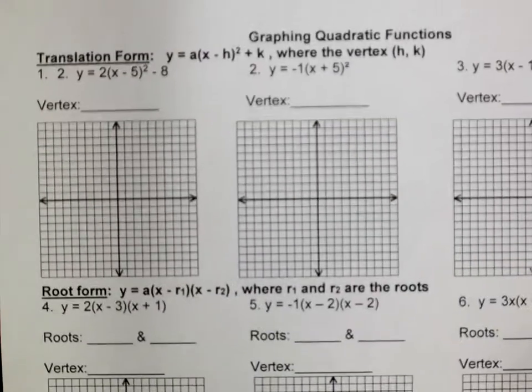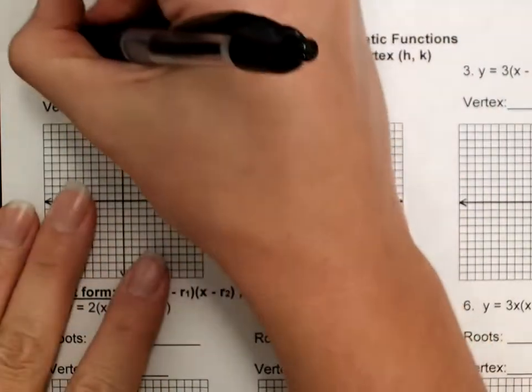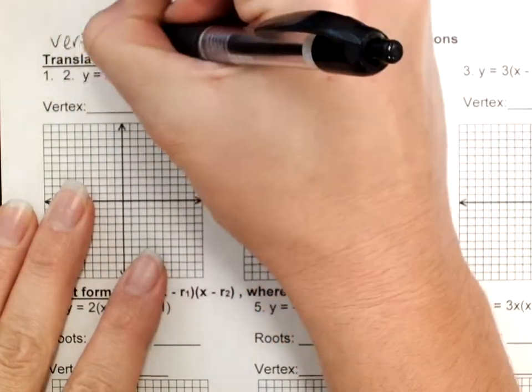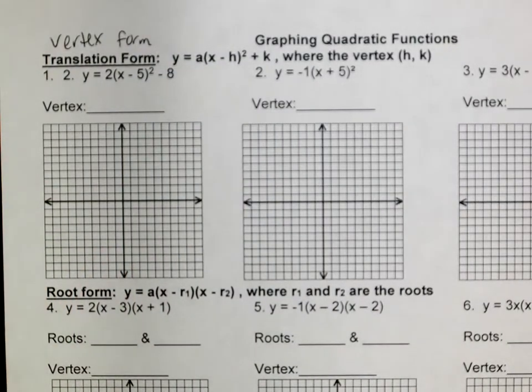So looking at translation form, this is also sometimes called vertex form, because they give you the vertex of the graph in the equation, okay?